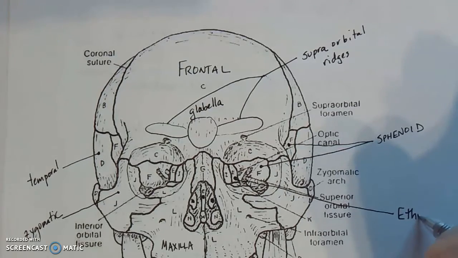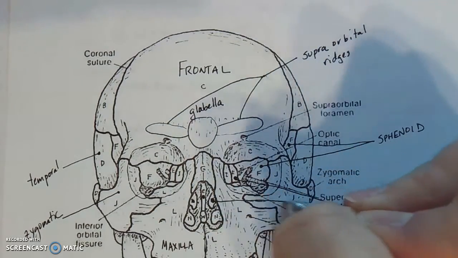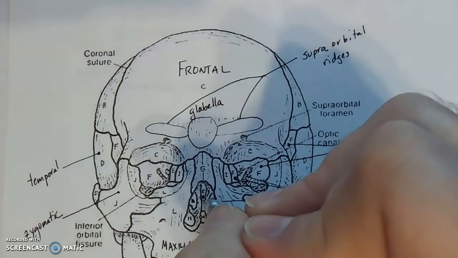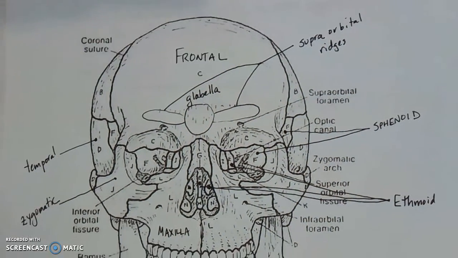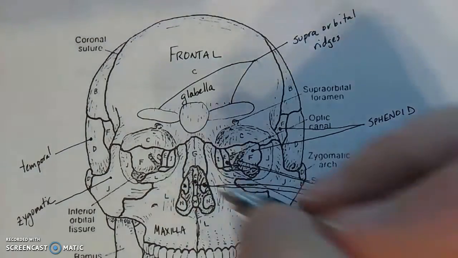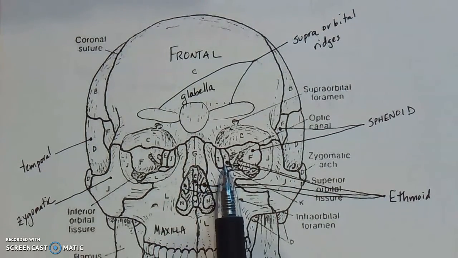That is called the ethmoid bone. So it's there, there, and there. I know that makes it a little bit hard to see, but we can see all of these different areas where the ethmoid bone is.